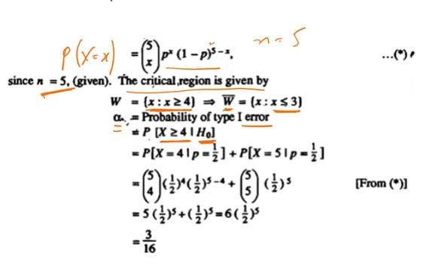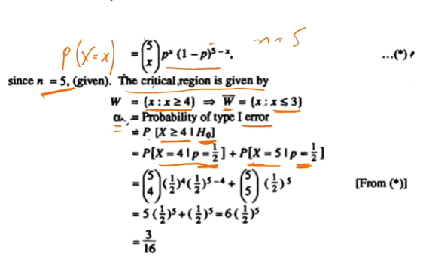So this is the probability that x equals 4, with p equal to half, because under H naught the value of p is half, plus the probability that x equals 5, again with p equal to half, because under the null hypothesis the value of p is half. So the probability x equals 4 is 5C4 half to the power 4 times q to the power n minus x, that means half to the power 5 minus 4.